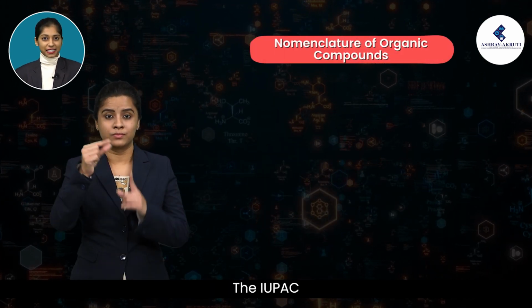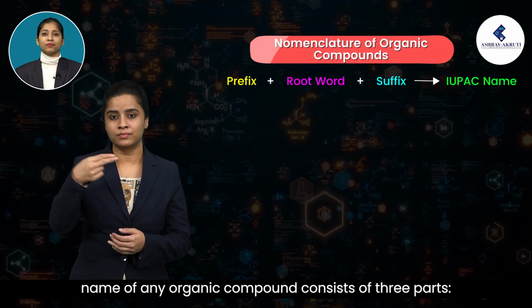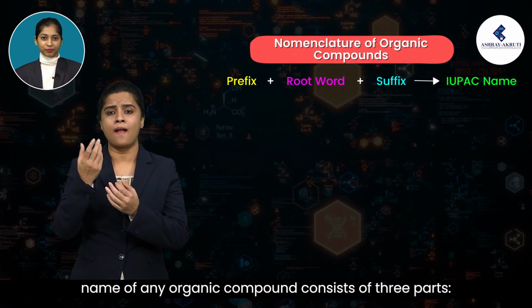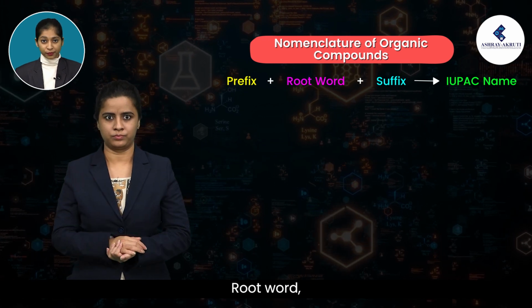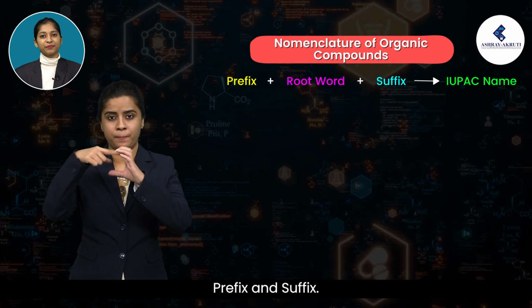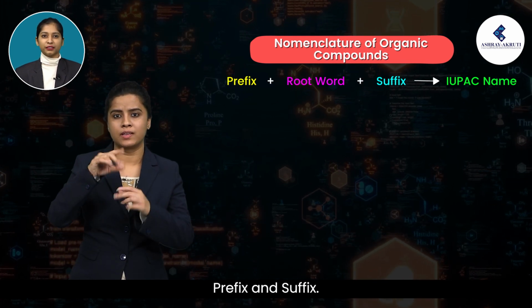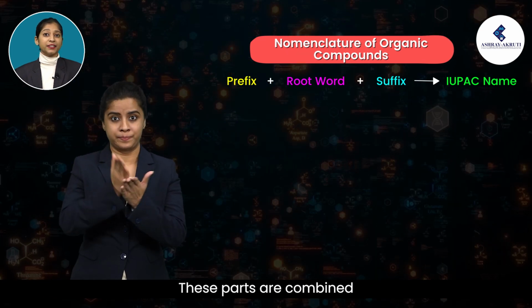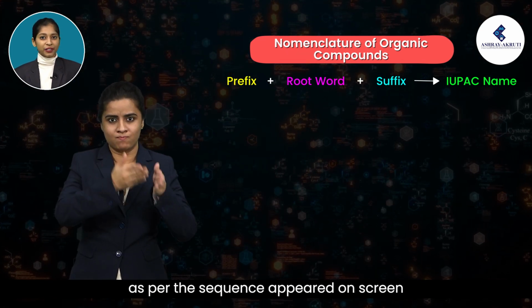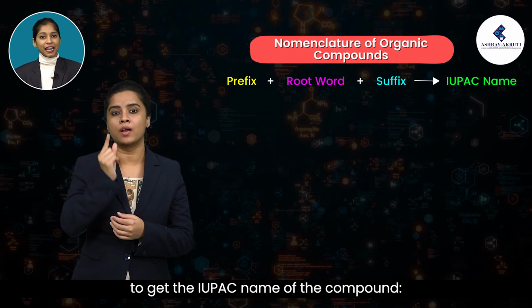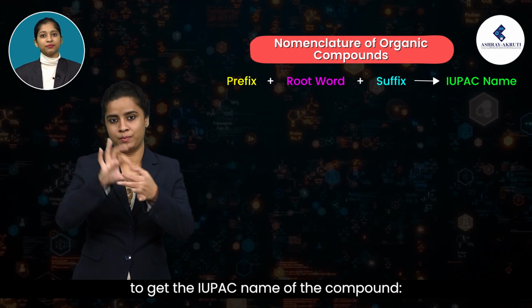The IUPAC name of any organic compound consists of three parts: root word, prefix and suffix. These parts are combined as per the sequence appeared on screen to get the IUPAC name of the compound.